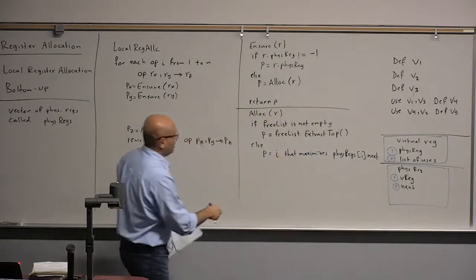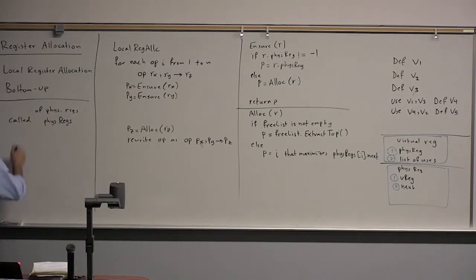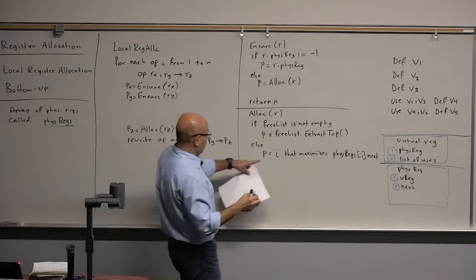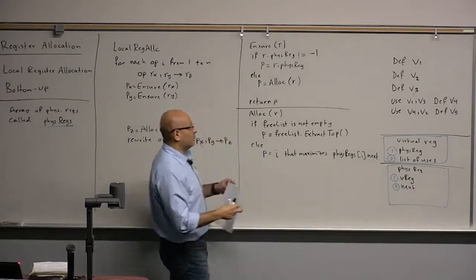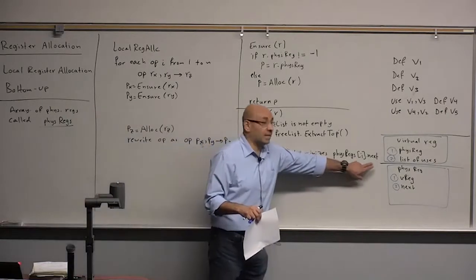So phys regs is a vector, or call it an array, of physical registers. So I get the I that maximizes; you just search for the maximum next.